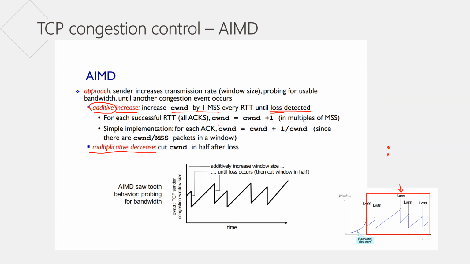But here, AIMD means we increase the Cwnd size by 1 each time, and we decrease it by dividing by 2. So that's why we call it AIMD.